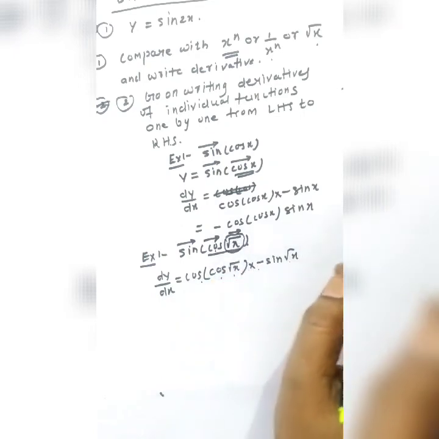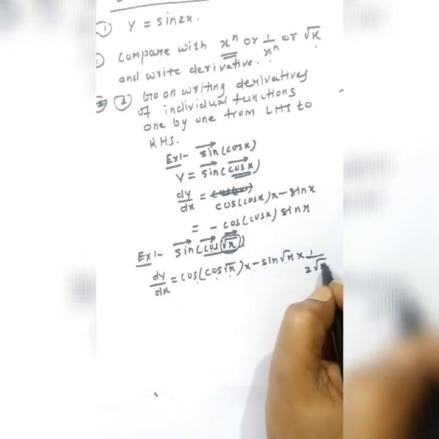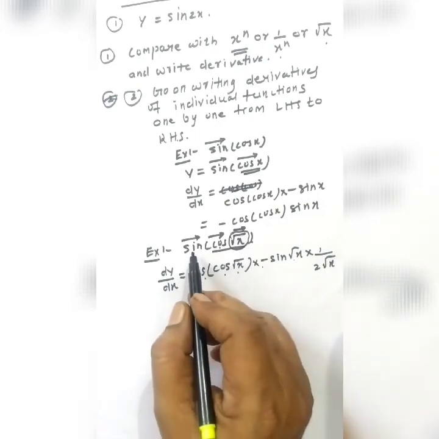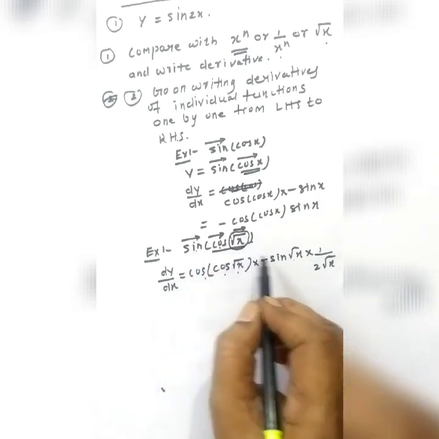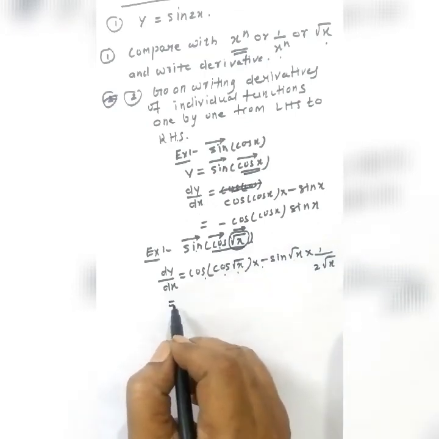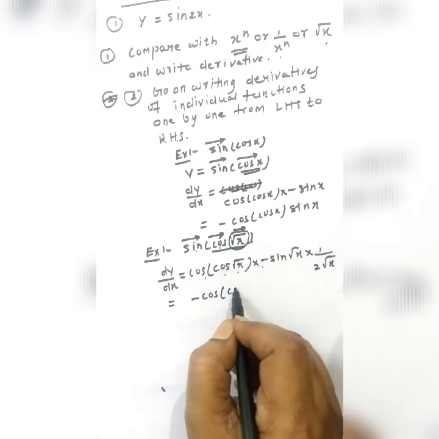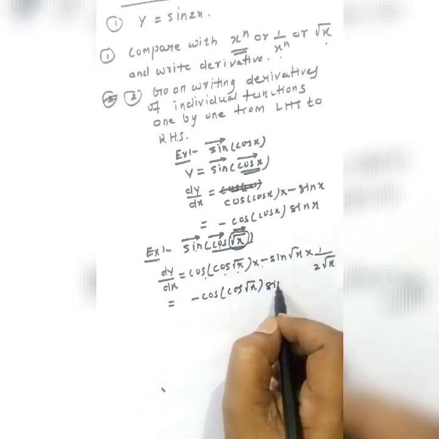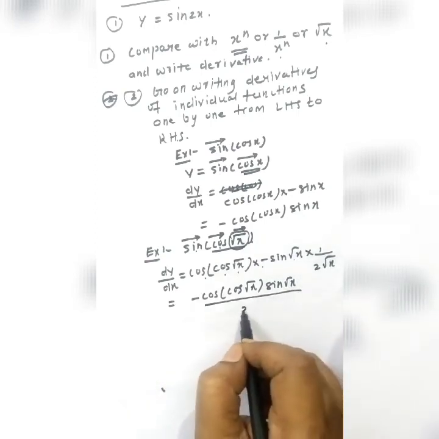What is the derivative of root x? Derivative of root x is 1 by 2 root x. So I have written the derivative of all individual functions one by one from LHS to RHS. First sin is cos, then cos is minus sin, then root x is 1 by 2 root x. Again you can write neatly as minus cos of cos root x into sin of root x, whole divided by 2 root x.